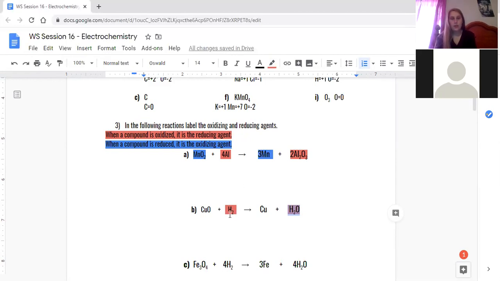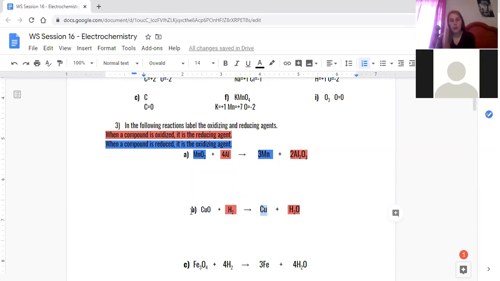So we're going to look at the copper here. Copper is in the front here, meaning it's positive, and it's with oxygen, which has a state of -2, making the copper have one of +2 right here. So we're going to go from positive over to here, where your copper is by itself, so it has a charge of 0.